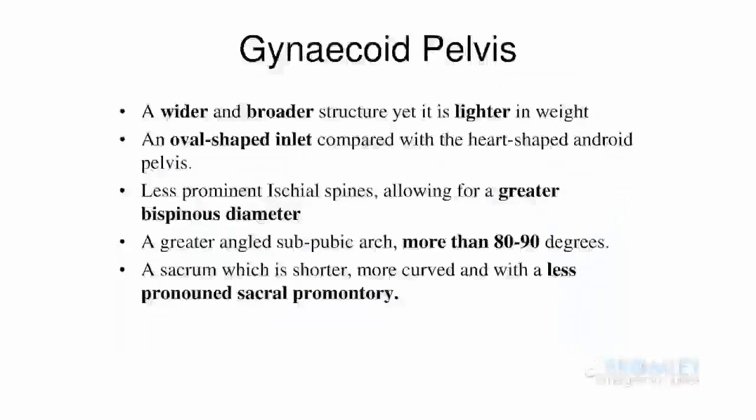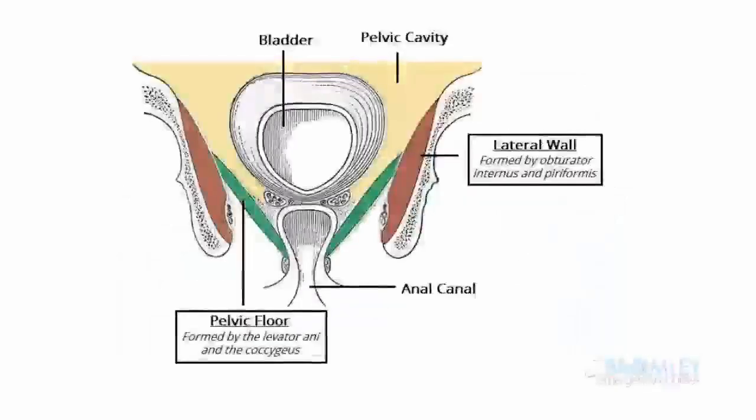Okay, so that's a little bit of introduction about the hip bones, the articulations of the hip bones and parts of the pelvic girdle, important ligaments, the greater and lesser sciatic foramen, and of course we've looked at the male and the female pelvis and their differences.